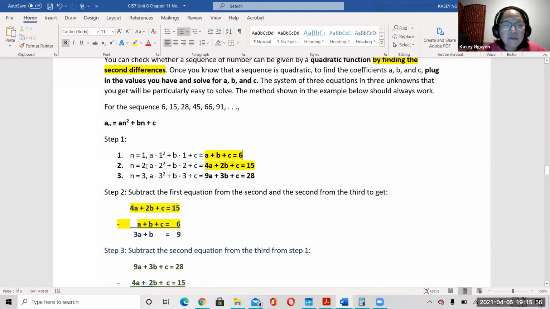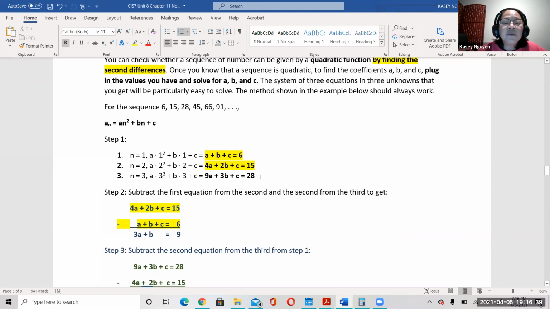Then I put in n equal to 2: a times 2 squared plus b times 2 plus c is equal to 4a plus 2b plus c equal 15. Then again, n equal to 3: a times 3 squared plus b times 3 plus c gives me 9a plus 3b plus c equal to 28.